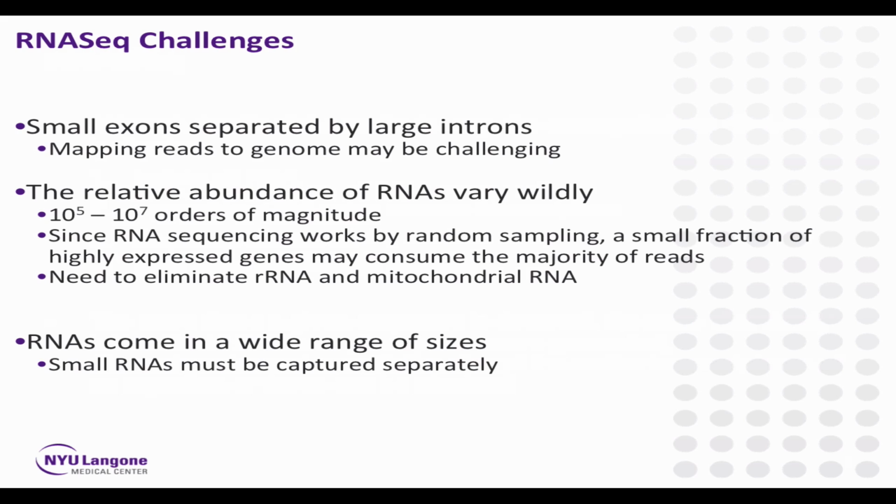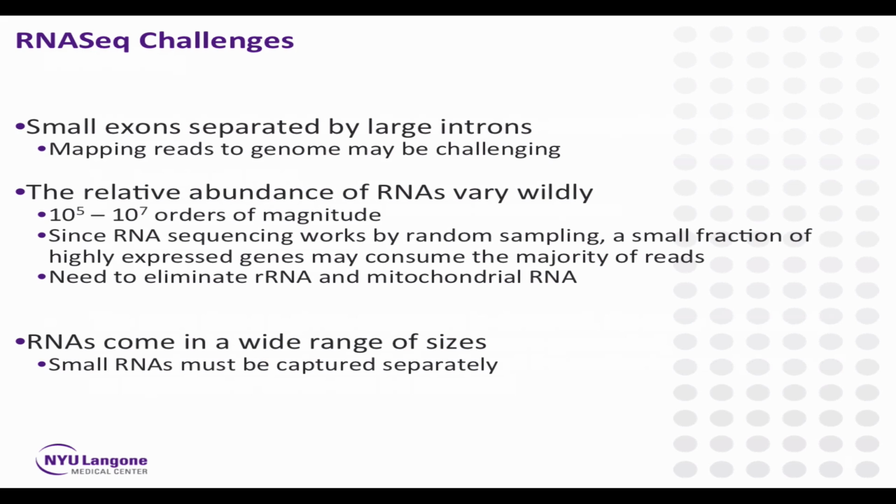The other issue is that the abundance of RNAs within one cell vary by several orders of magnitude, and you can have transcripts, for example, for TERT and other important genes, in which you may have maybe 10 copies per cell, and other transcripts in which you're going to have hundreds of thousands of copies per cell. So as you can imagine, what's going to happen, because in the sequencing you're just randomly sampling what you have there, is that the genes that are very highly expressed are the ones that are going to soak up the vast majority of your reads.